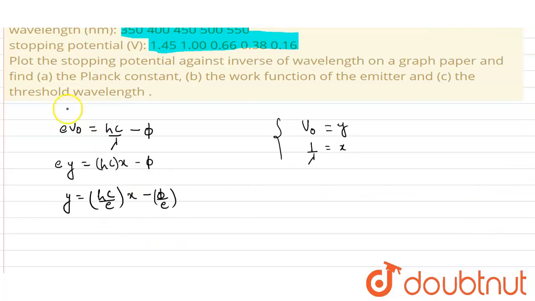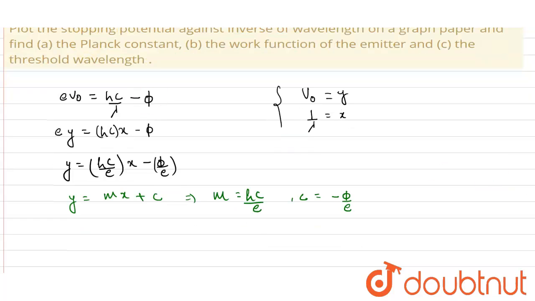Correct? Now comparing it with the equation of y equals mx plus c, we see that the slope m is hc upon e and the constant c is minus phi upon e. Correct? Now plotting the curve between the x-axis and y-axis, let us suppose this is our y-axis and this is our x-axis.